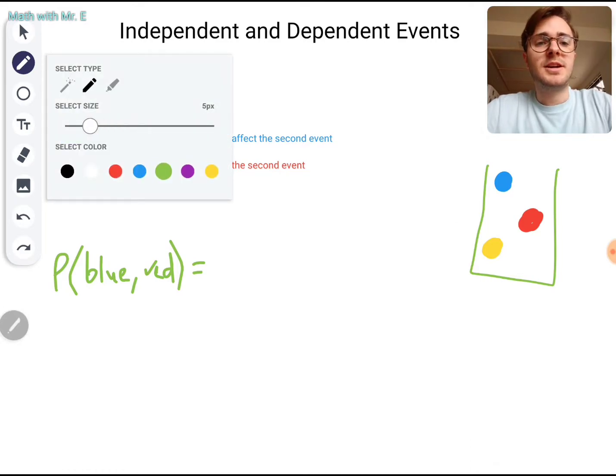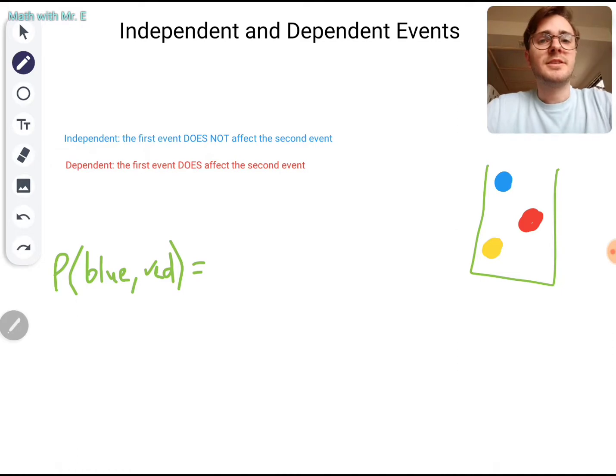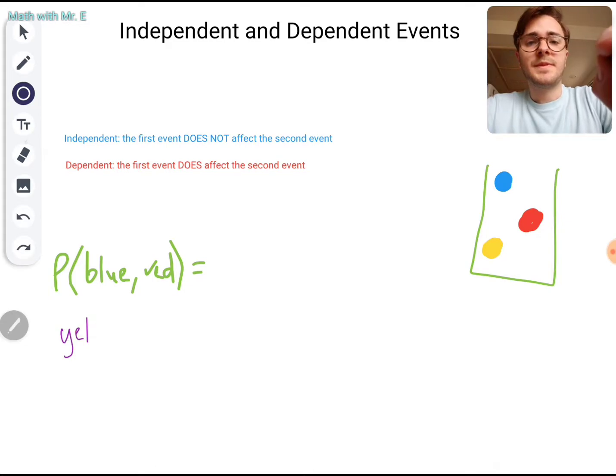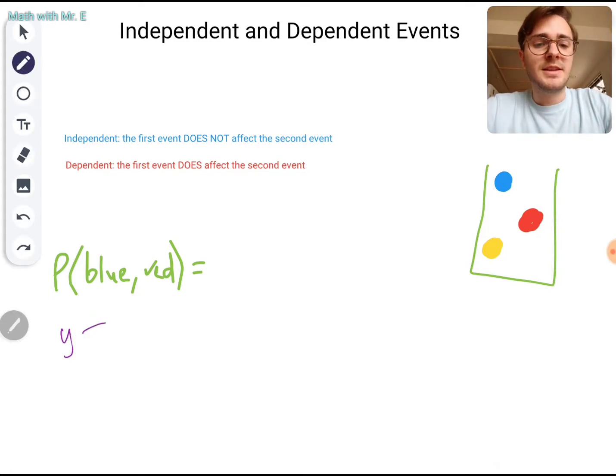There's going to be a lot of writing here. So we could have, let's use a different color, I could draw the yellow one first. I'm just going to write Y, save some time. I could draw the yellow one first, and then yellow again. I could draw yellow and then blue, or I could draw yellow and then red.